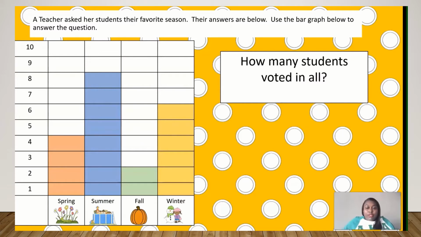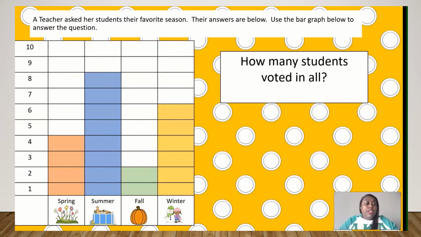Here's our next question. How many students voted in all? To figure out how many in all, you have to add it all up, or you can touch the screen and count each individual box. I will start from spring and go all the way over, left to right.